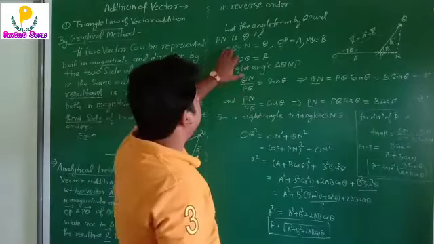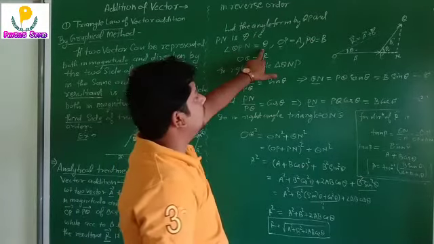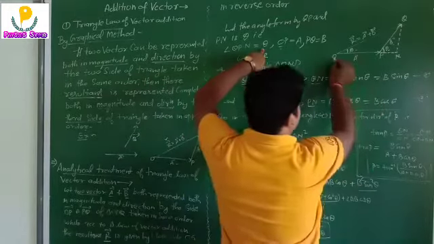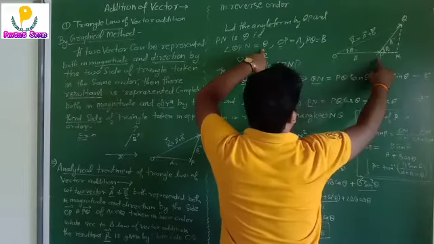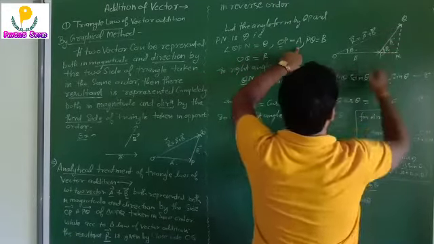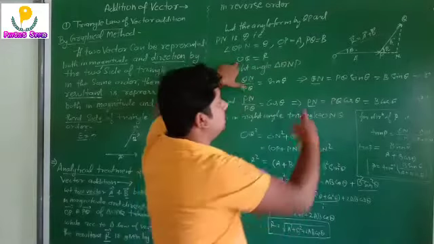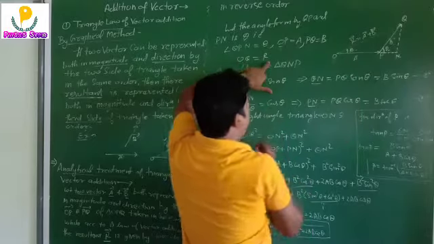Now angle QPN is equal to theta, the magnitude of vector A, represented by OP, is A, the magnitude of vector PQ is B, and OQ, which shows the resultant, has the magnitude R.